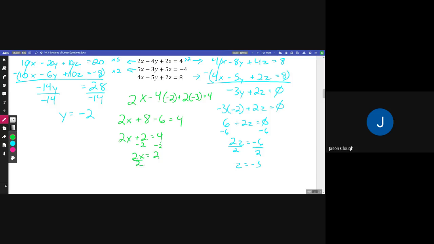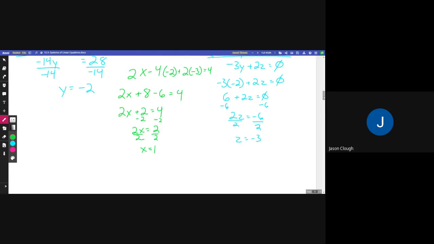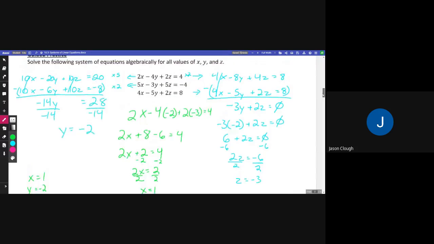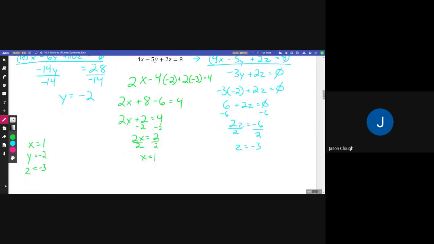Divide both sides by 2, and you get x equals 1. So my solutions are x equals 1, y equals negative 2, and z equals negative 3. Before I can finish off the problem, I need to just do a quick check. So let me use the third equation.